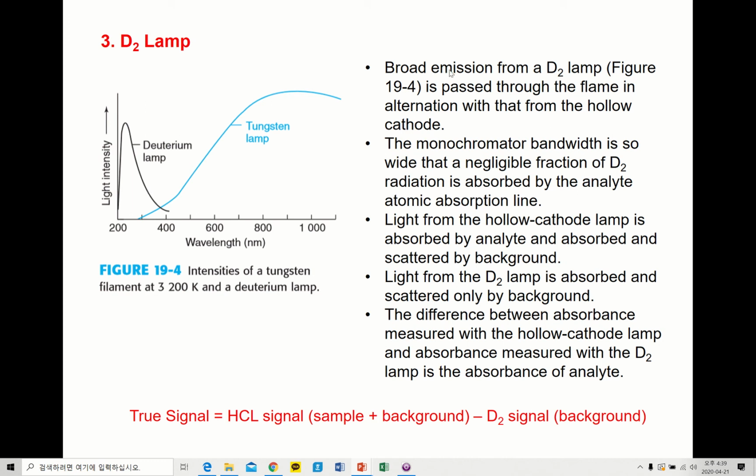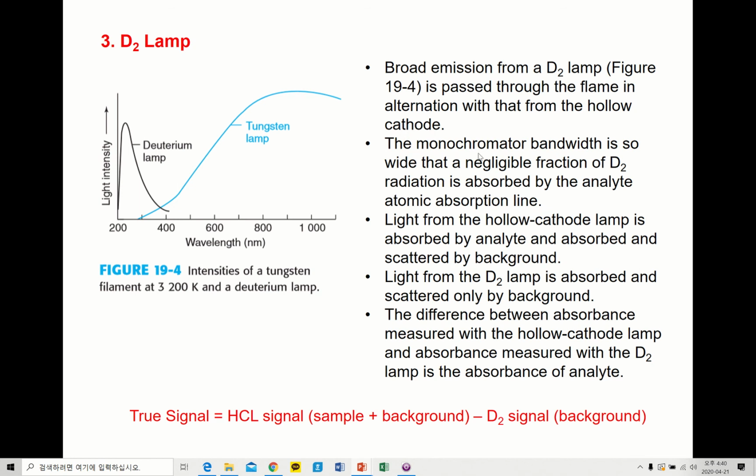Broad emission from a deuterium lamp is passed through the flame in alternation with that from the hollow cathode lamp. You send first the hollow cathode lamp light, then light from the deuterium lamp, then light from the hollow cathode lamp, alternately, to the flame.